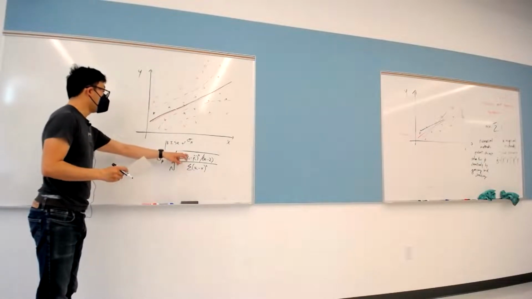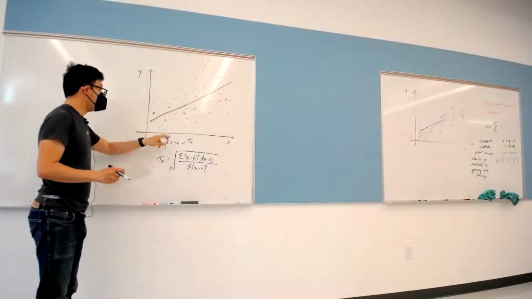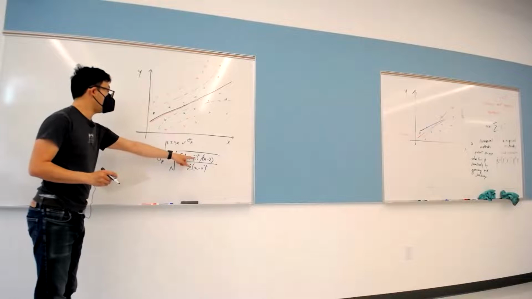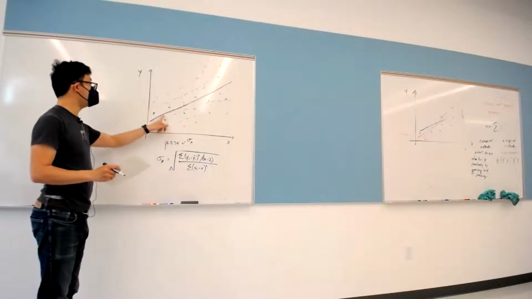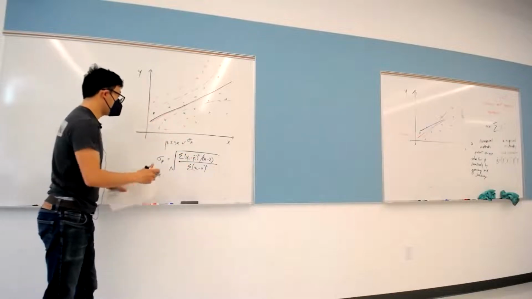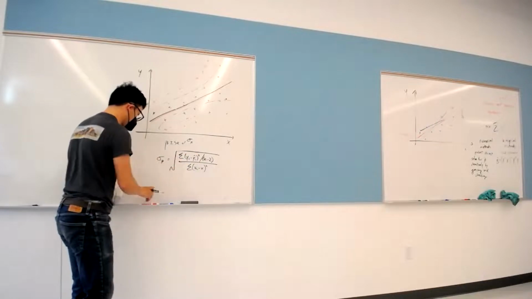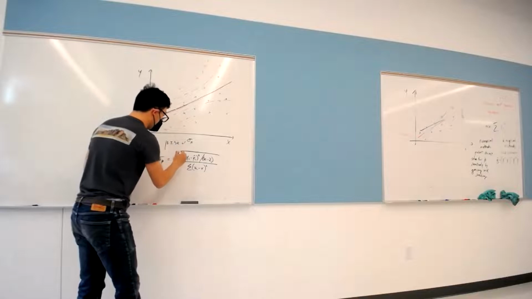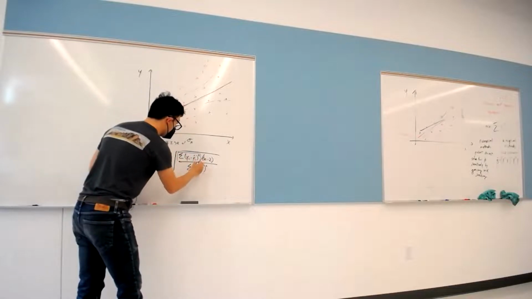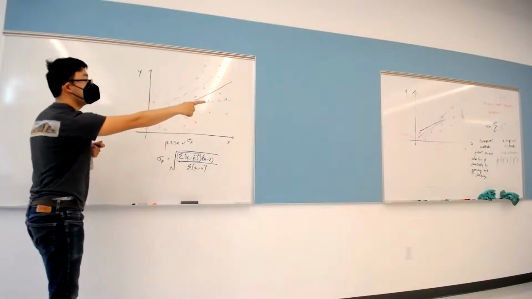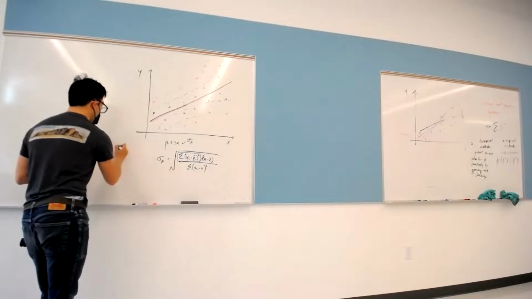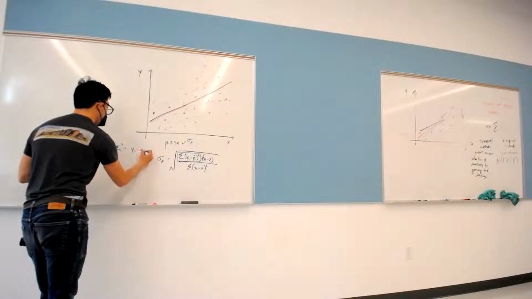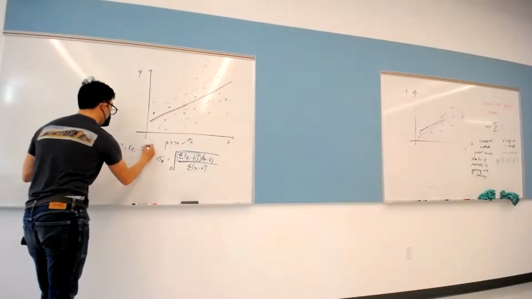Your yi is the actual point, and the yi hat is the point on the line. So this term here is actually the sum of your squared error. That's exactly that thing over there. So epsilon i squared is equal to yi minus yi hat squared.